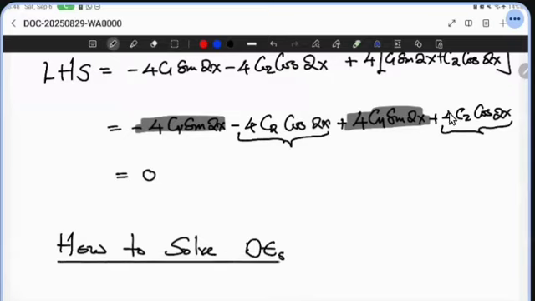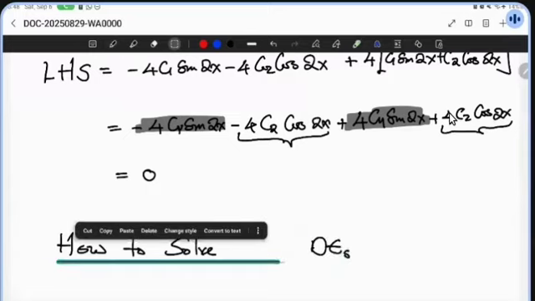Okay, so the first one we'll start with is going to be first order differential equations. How do you solve first order differential equations?